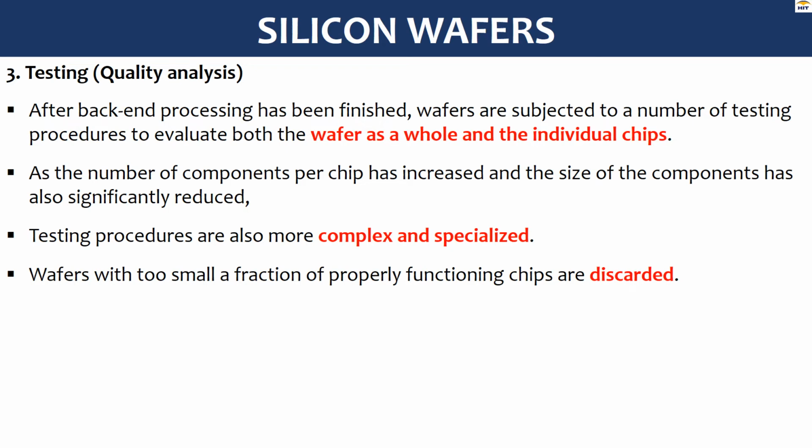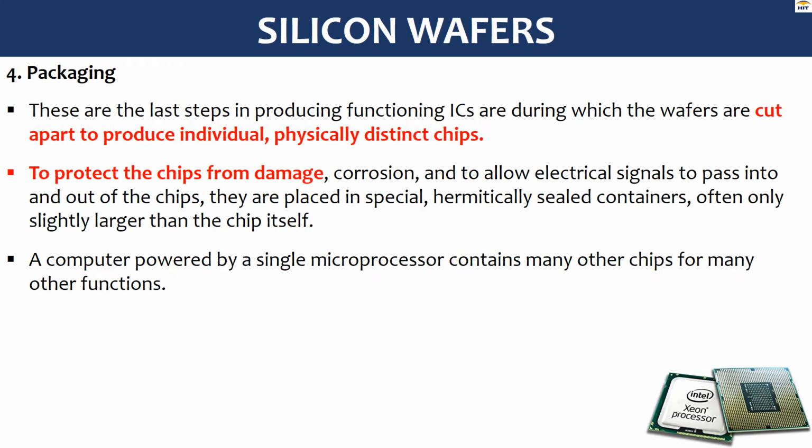You find that there are some fractions of the chips that will be malfunctioning, so these can be discarded. And then those that are accepted, that pass the quality analysis, will then go to the next stage. Then you do your packaging.